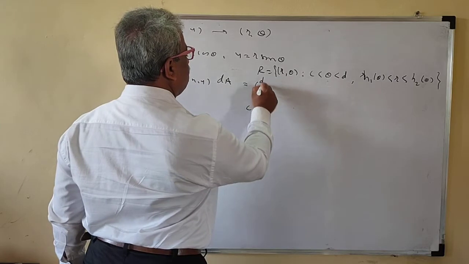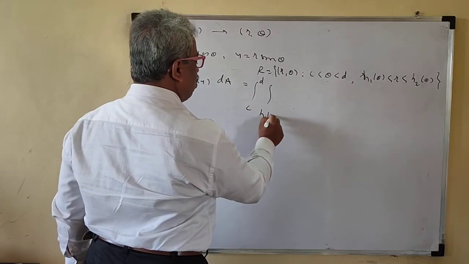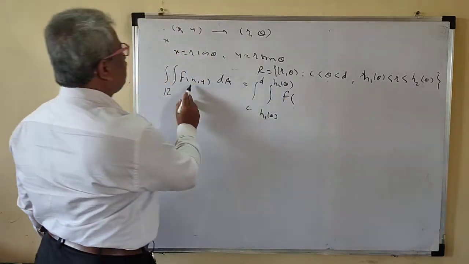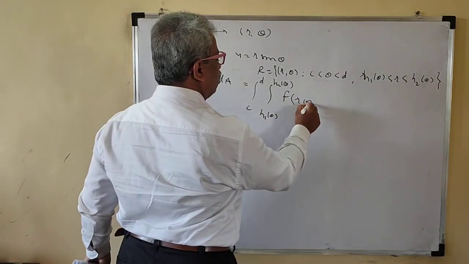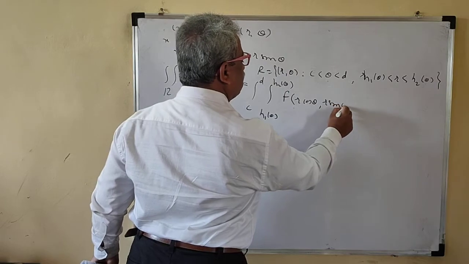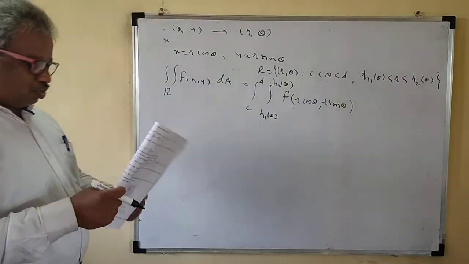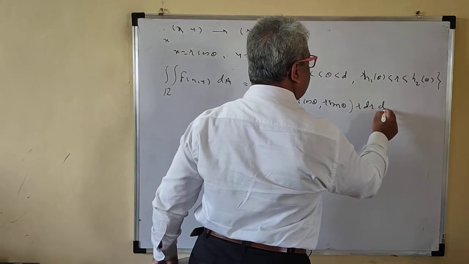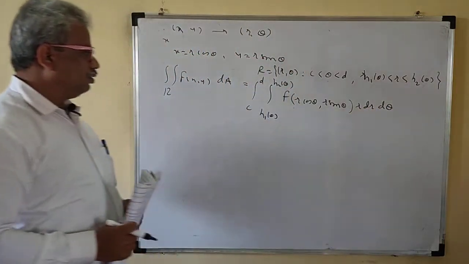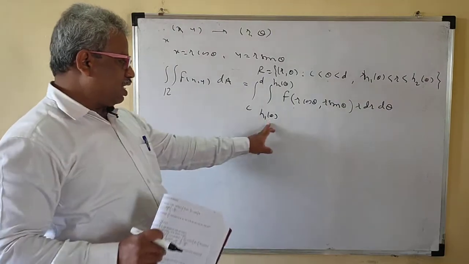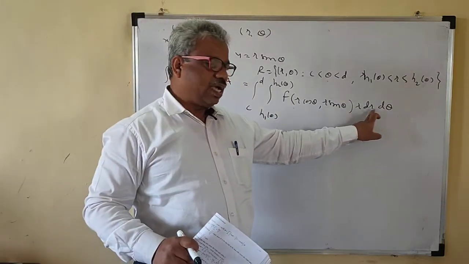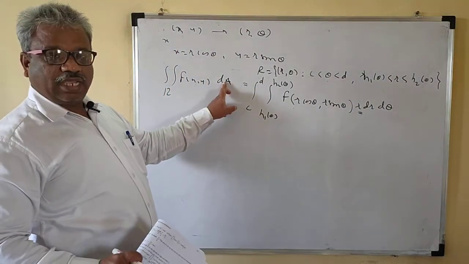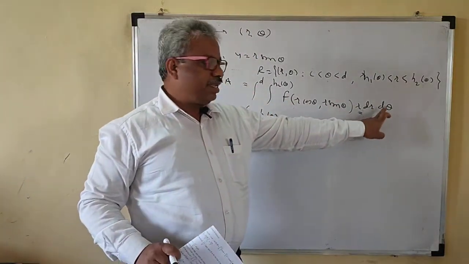So the integral is f of r cos theta, r sin theta, into r dr d theta. This is very important: dA is replaced by r dr d theta.